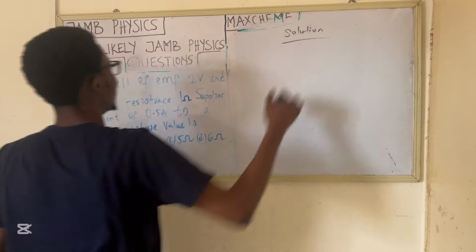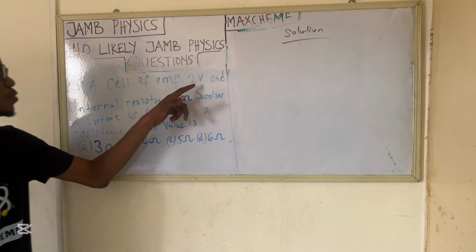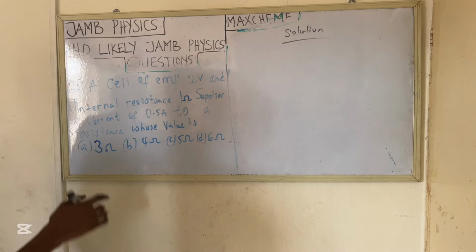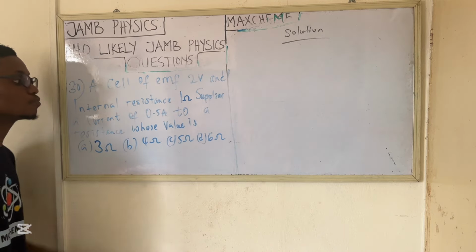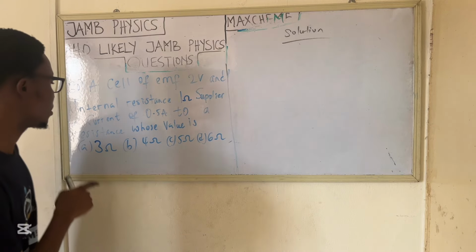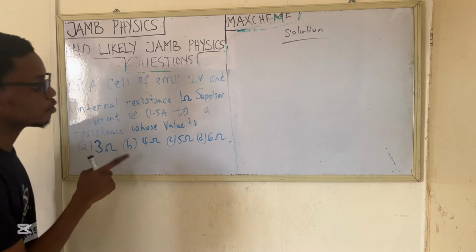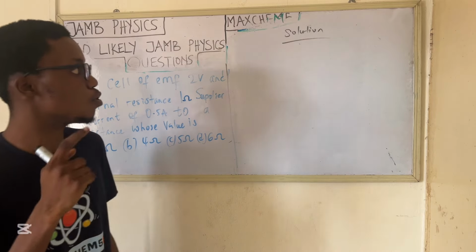Question 30. A cell of EMF 2V, that is 2 volts, and internal resistance 1 ohm supplies a current of 0.5 ampere to a resistance whose value is A, 3 ohm, B, 4 ohms, C, 5 ohms, and D, 6 ohms.